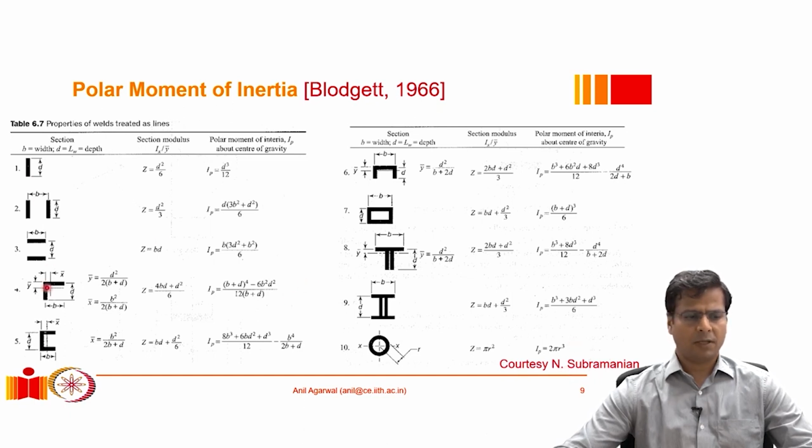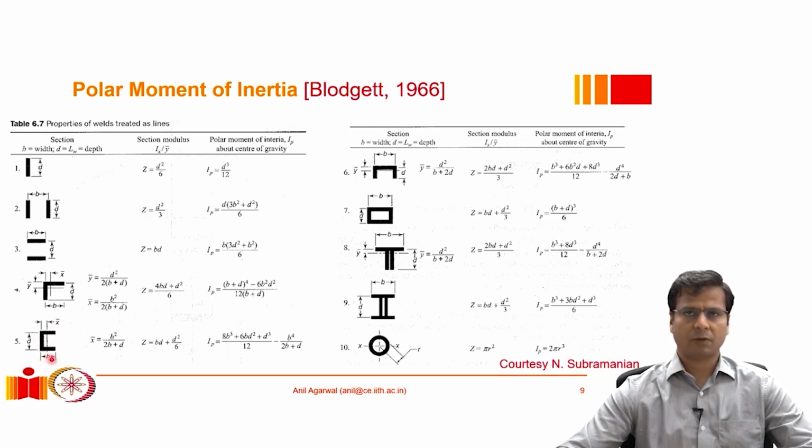For different commonly used weld shapes, weld geometries, it provides you the location of the neutral axis, if it is not obvious, if it is not symmetric, and also the polar moment of inertia and section modulus as well. So we can utilize these to calculate some of these critical properties. So the shape that we are talking about resembles this one, number 5 here, right? So this is how our weld shape was.